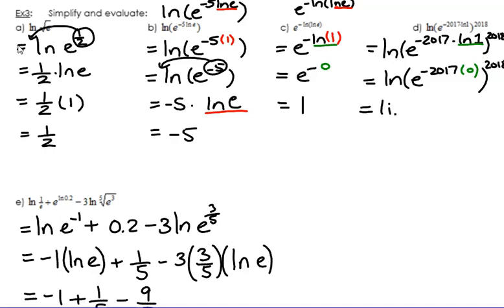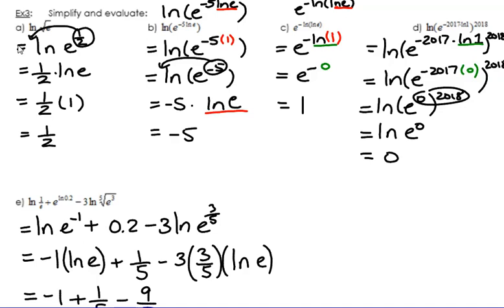So ln e to the negative 2017 times 0, to the power of 2018. That's ln e to the power of 0, right? 2017 times 0 is just 0, to the 2018. Then, using exponent rules, ln e to the 0, isn't that just going to be 0?